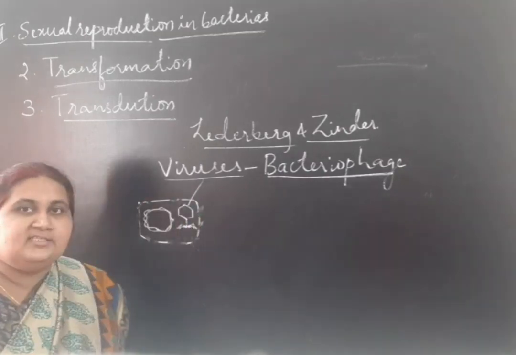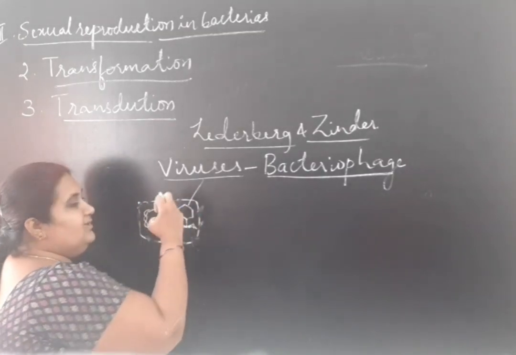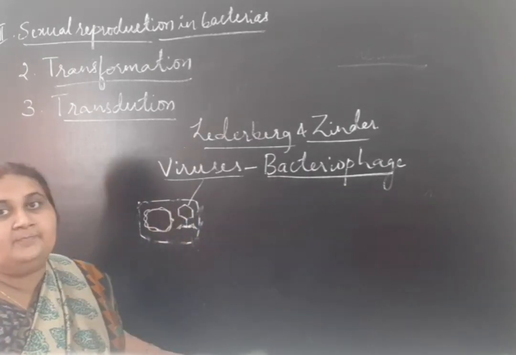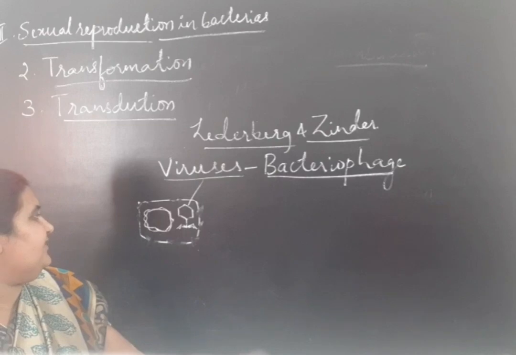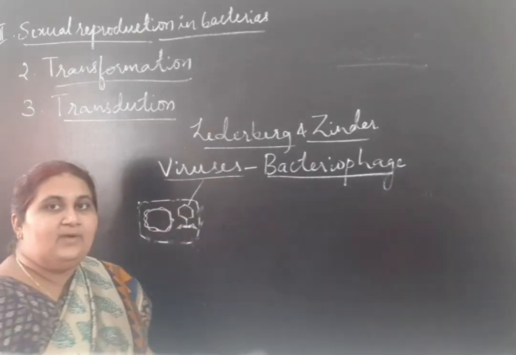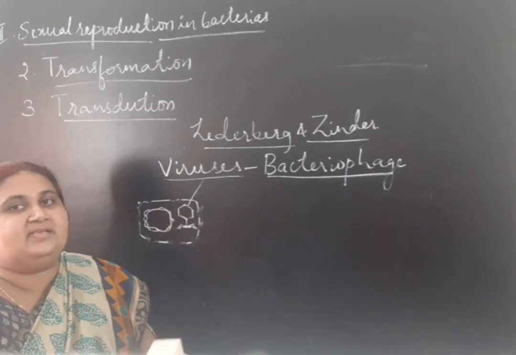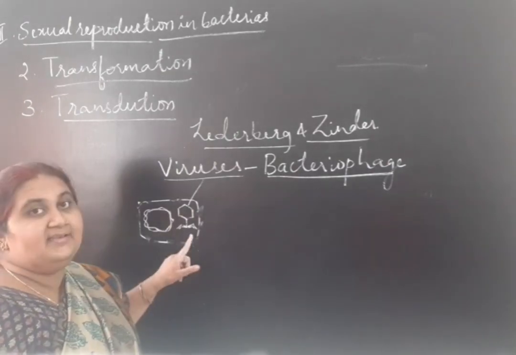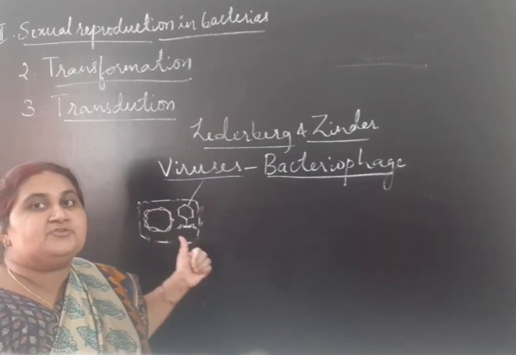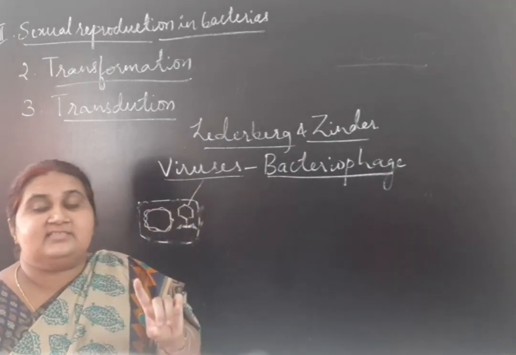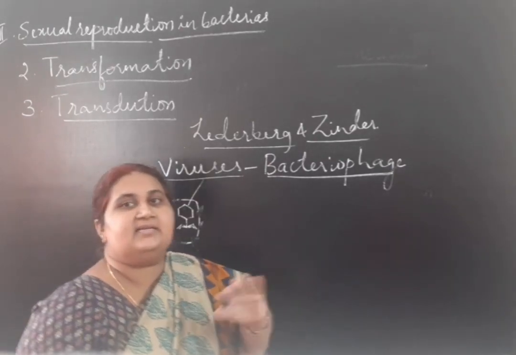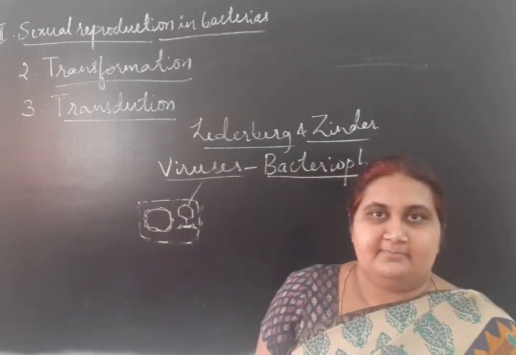But what does the virus do? The virus will incorporate the genetic material. Okay, so we could find that the genetic material will be taken up by the virus. And the virus will produce many copies of new virus which has the genetic material of the bacterium. So now those viruses which have the genetic material of the bacterium are ready to attack the other bacterium.